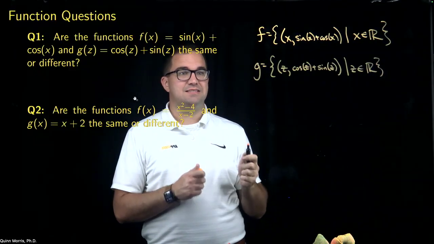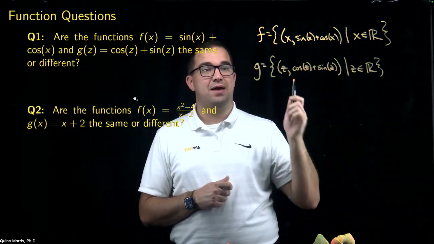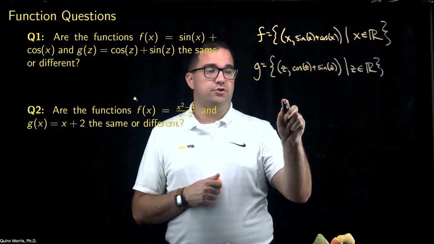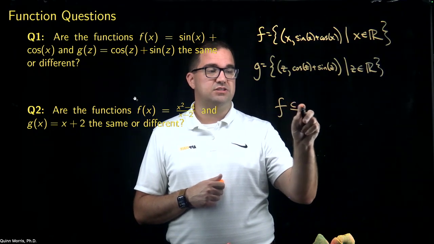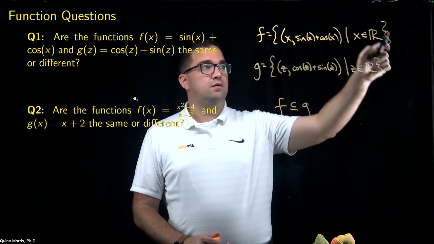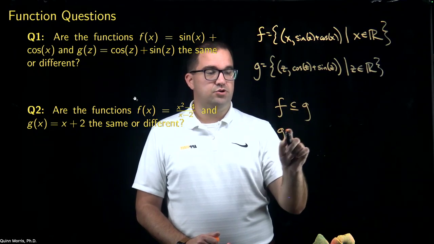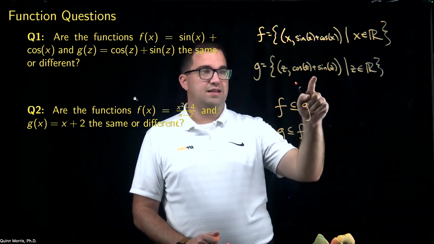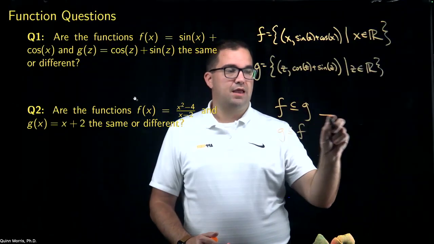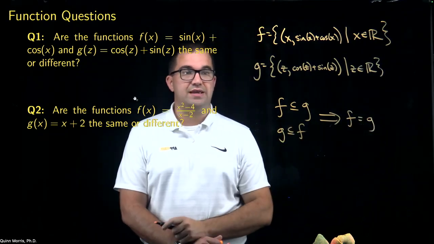Now, as sets, these two sets are equal because they contain exactly the same elements. If you wanted to write a very formal proof of this, what you could do is show that F is a subset of G. So that is, show that every ordered pair that lies in F also lies in G. Then you would show that G is a subset of F. That is, show that every ordered pair in G lies in F. And those would combine to imply that F and G are equal as sets.